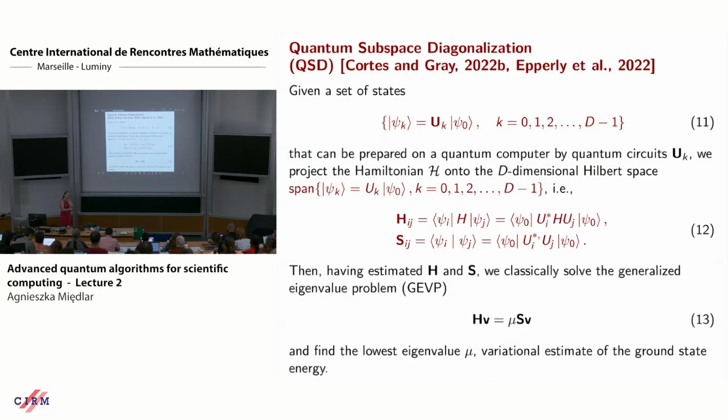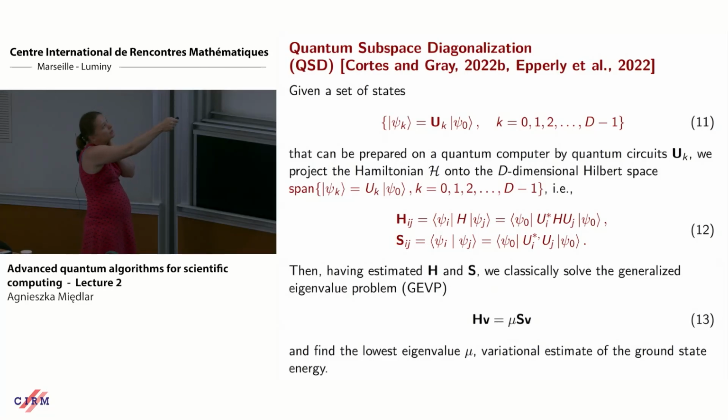Yes? The set of states, does it have to be known a priori, or can it be constructed in an iterative process? It actually has to be constructed in the process. You start with phi 0. That's the only thing you know, and you have to be able to apply U_k. But do all the U_k have to be known a priori?